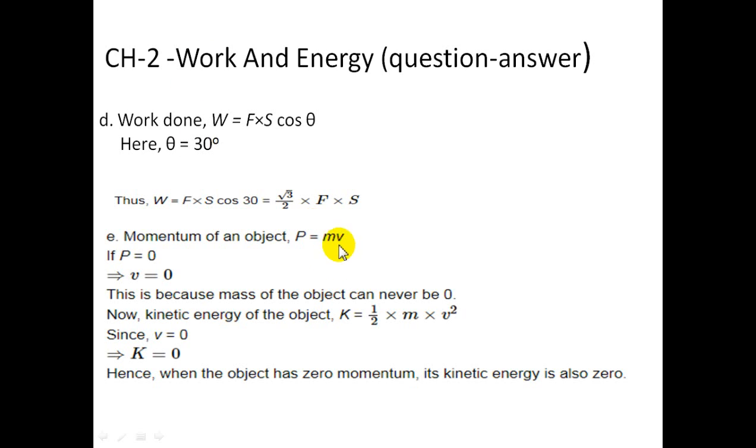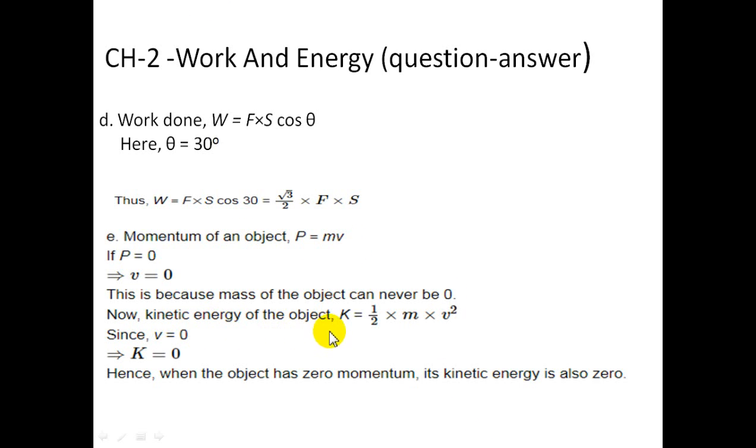So either the mass is 0 or the velocity is 0. The mass of an object can never be 0. If the body is moving, it must have mass, so we cannot take the value of m as 0, which means the velocity is 0.